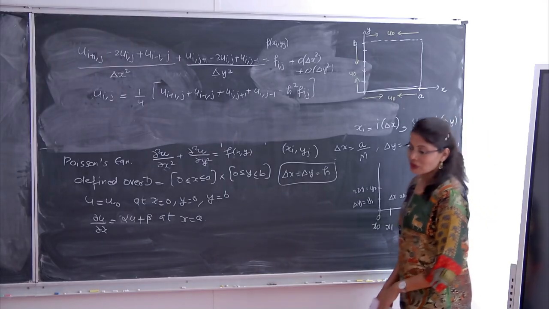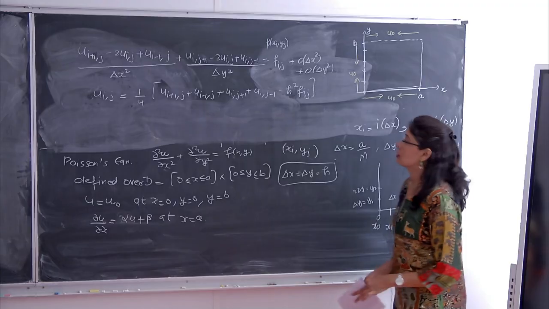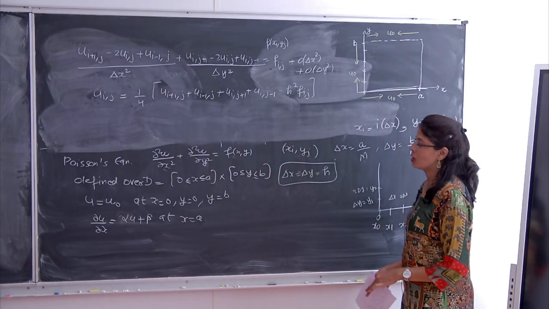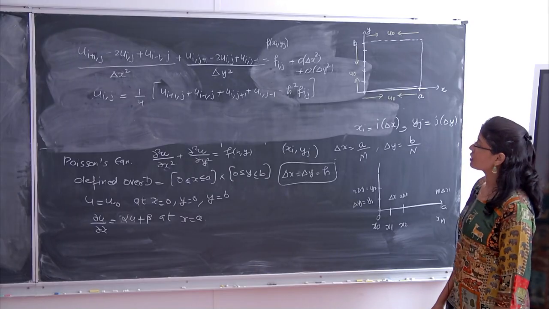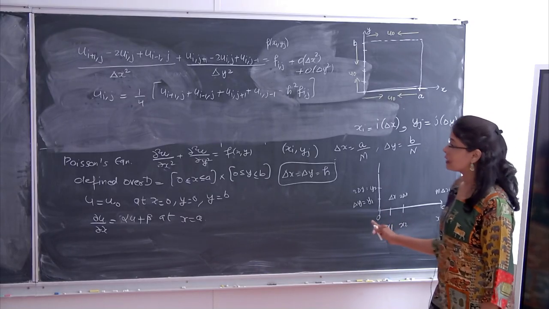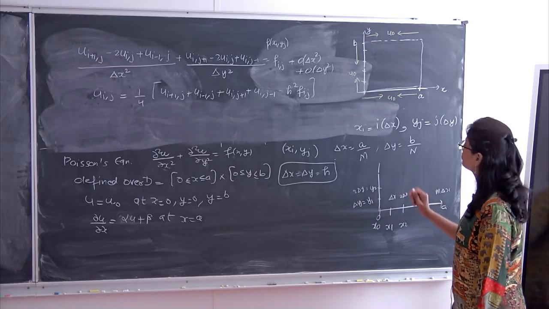Whenever we write a numerical scheme, you should be clear about the values of i and j. Just check our discretization points and what the values of i and j should be. i means our x direction. I am taking m equal parts.